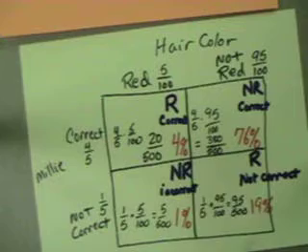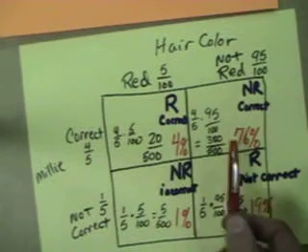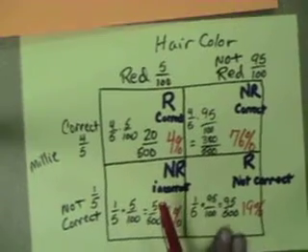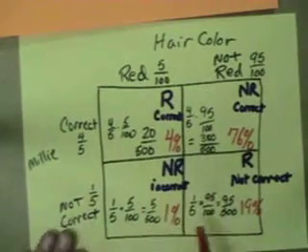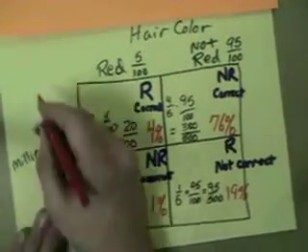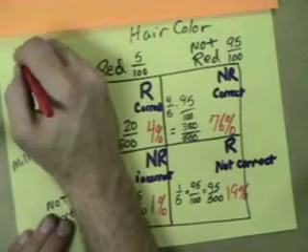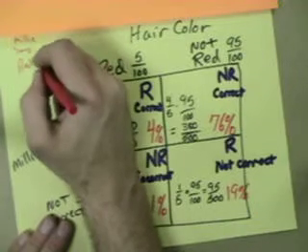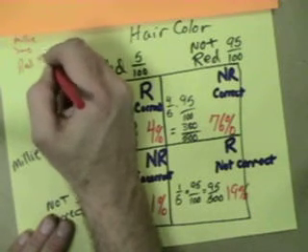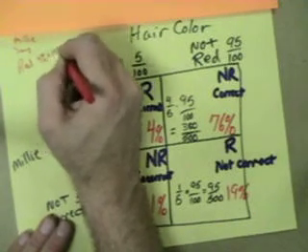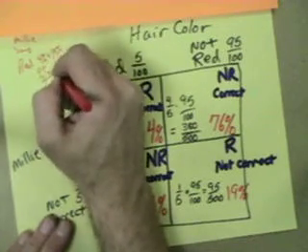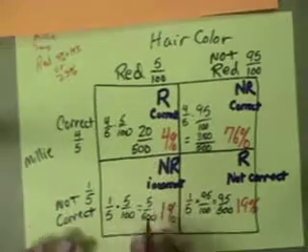Well, she said they had red hair here, and she said they had red hair here, even though she was not correct. So I would expect Millie to say red 4% plus 19%, or 23% of the time.